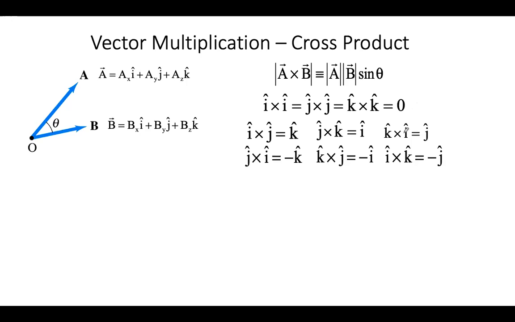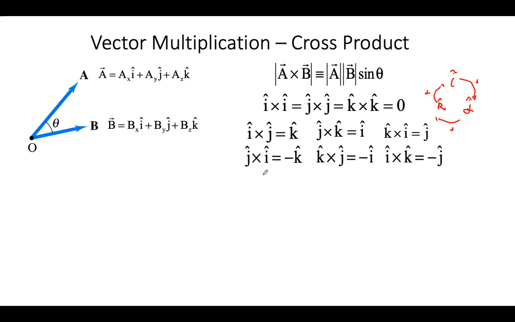And as long as you maintain the order, and I've seen the mathematicians do it, it's a mnemonic basically of this: if I'm going this way around the circle, I always get a positive result. So that's why if I go k cross i, I get j, and that's what I wrote right here at the end.